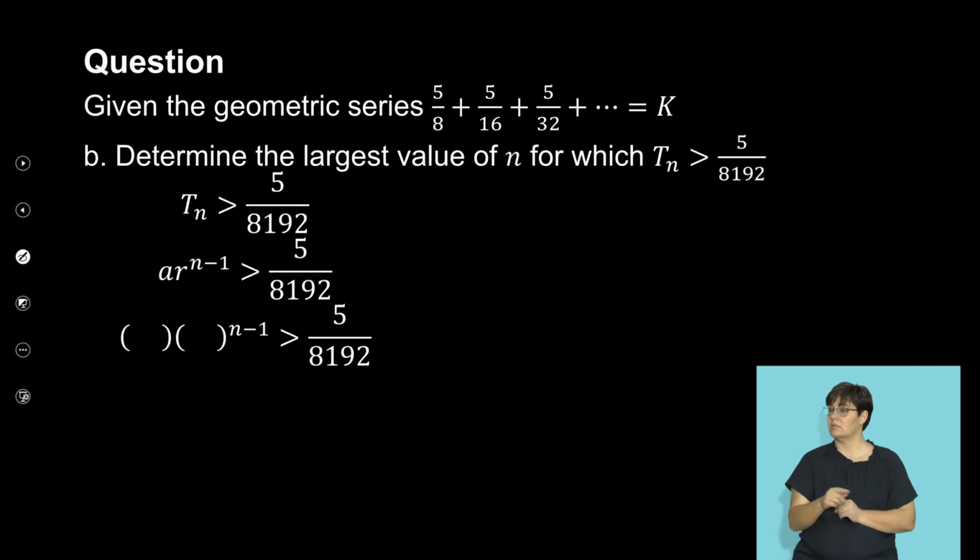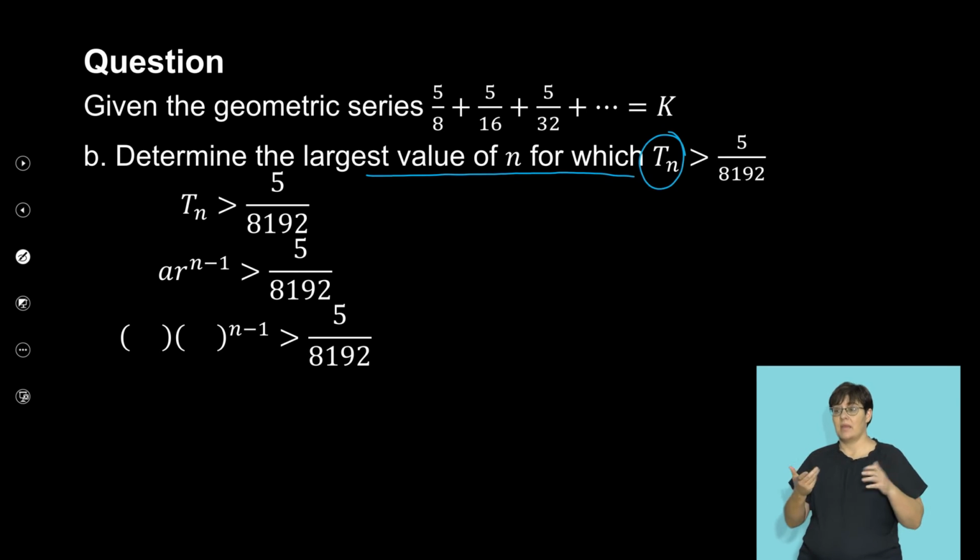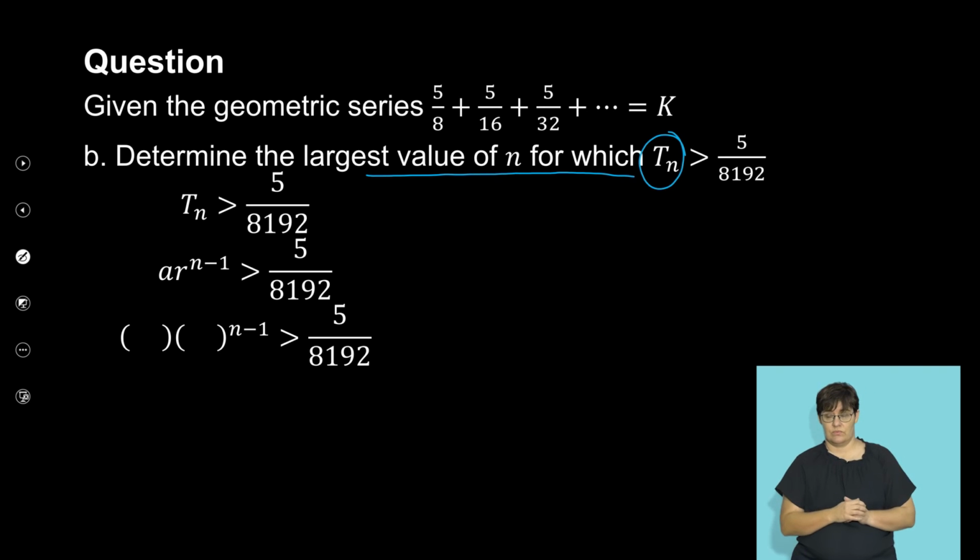So I'm now asked to determine the largest value of n for which Tn is greater than 5 over 8,192. So I'm actually looking for the position of the term where it's going to be larger than 5 over 8,192.